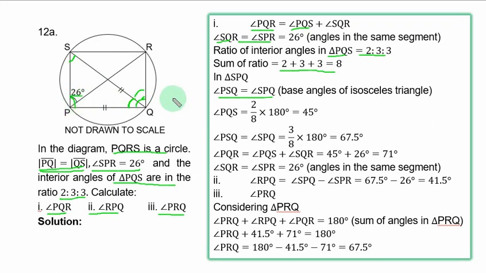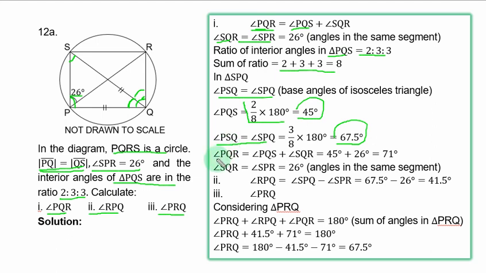So PQS is 2 over the sum of ratio, that is 8, times total angles in that triangle, so you have 45 degrees. So PSQ is equal to SPQ, and their ratio is 3/8 times 180, and that gives 67.5 degrees.